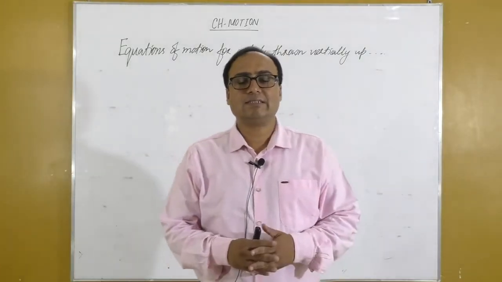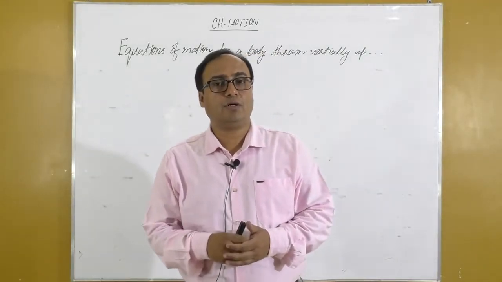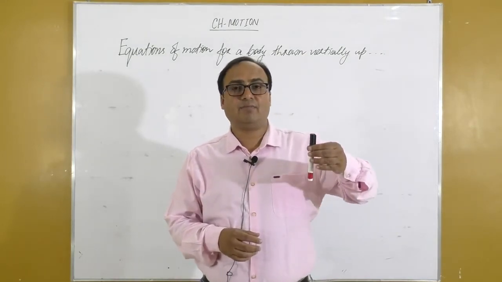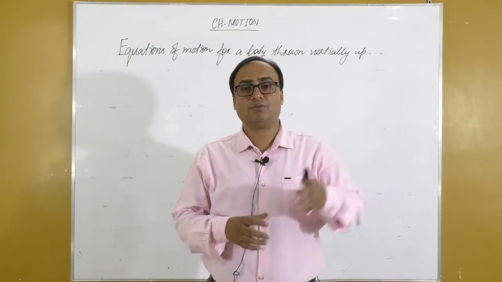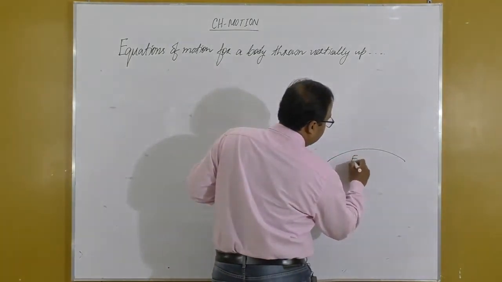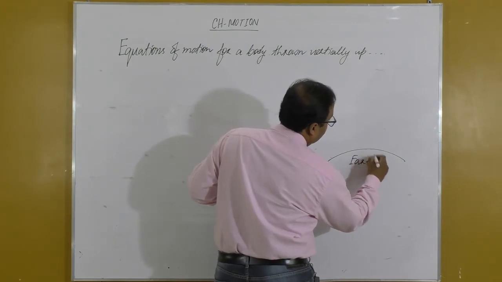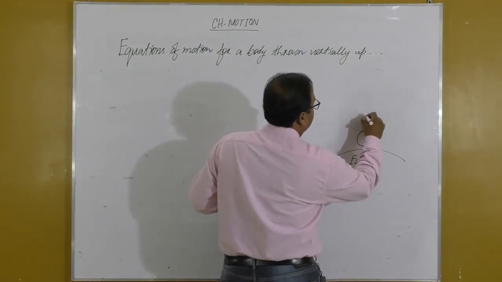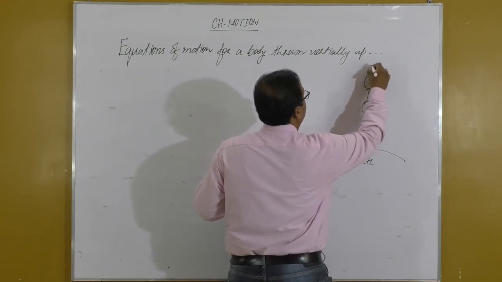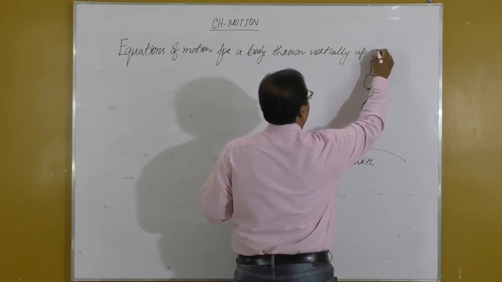Now we will discuss the equations of motion for a body thrown vertically up. एक बॉडी को अगेंस्ट ग्रेविटी जब हम लोग ऊपर की तरफ थ्रो करते हैं तो सिचुएशन कैसा क्रिएट होगा? If this is the earth and body is thrown vertically up, body ऊपर जा रही है.